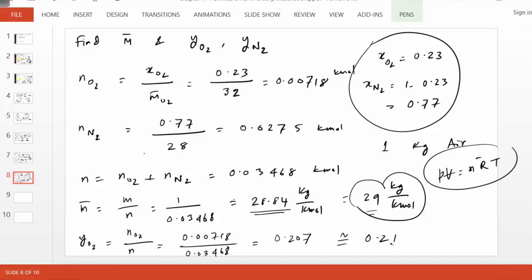So it's common knowledge that the mole fraction of oxygen is 0.21, whereas the mass fraction is 0.23. This is an important number to remember. Of course, y of nitrogen is simply 1 minus that. So y of nitrogen will be 1 minus 0.21, which is 0.79.